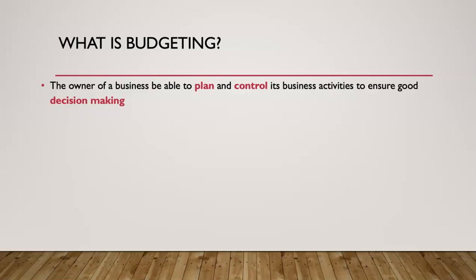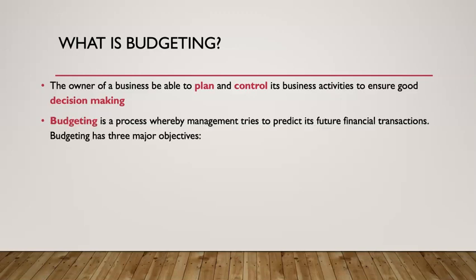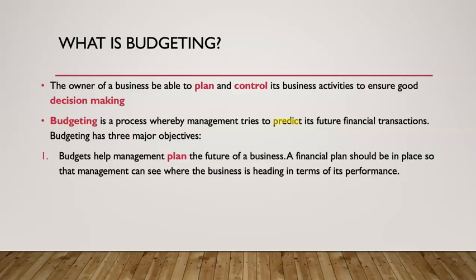So any word question about budget, really try and hone in on those 3 words. Budgeting is the process whereby management tries to predict its future financial transactions. So key word here being predict is important. These are predictions.